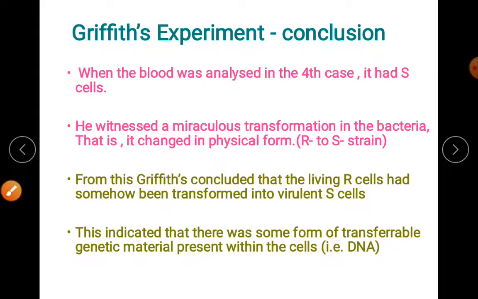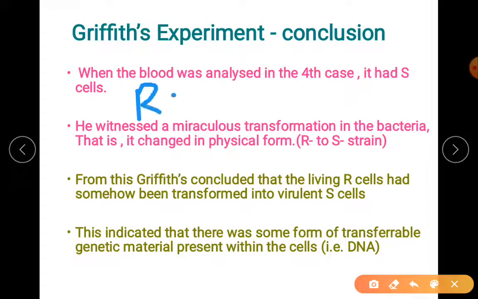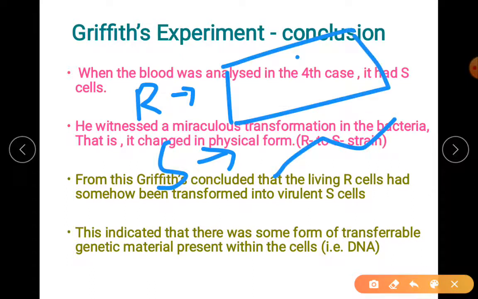The reality, after many studies, is that in the S strain only the DNA was taken up, whereas the R strain was the whole cell, the whole bacteria. So transformation happened because the R strain was able to take the DNA into the cell and become S strain.